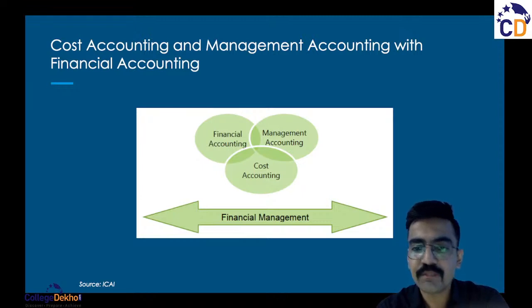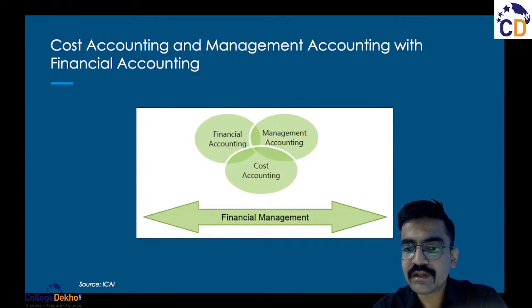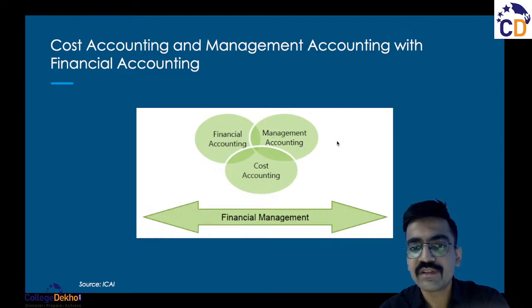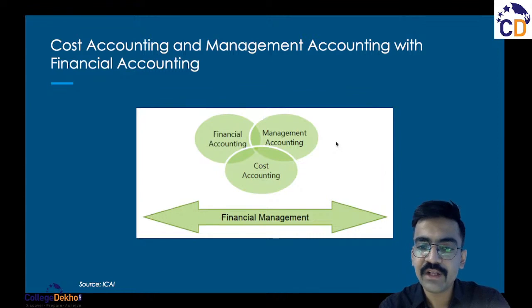And the relationship among cost accounting, management accounting, financial accounting, and financial management can be understood using this particular diagram, as in not just one aspect, but all of these three different aspects together form part of the financial management of the company, right?